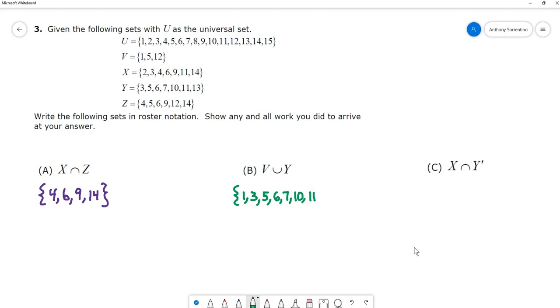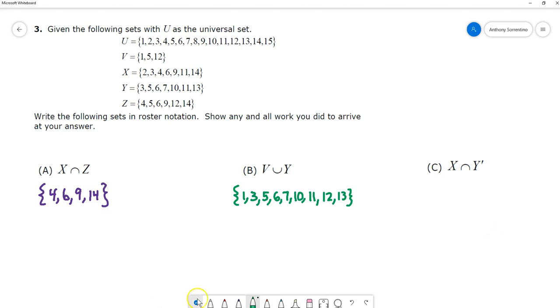Y has 13. Well, V has 12. Y doesn't, but since it's in V, it's going to be included. And Y has 13. Even though V doesn't, all it has to do is be in one of them. And there's the set that would be the union between V and Y.